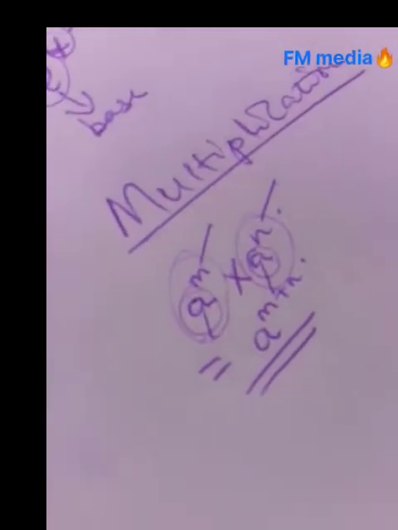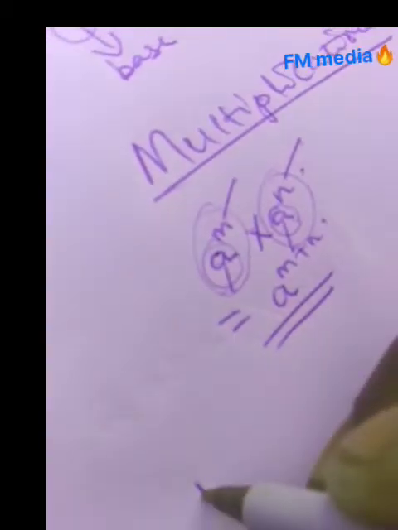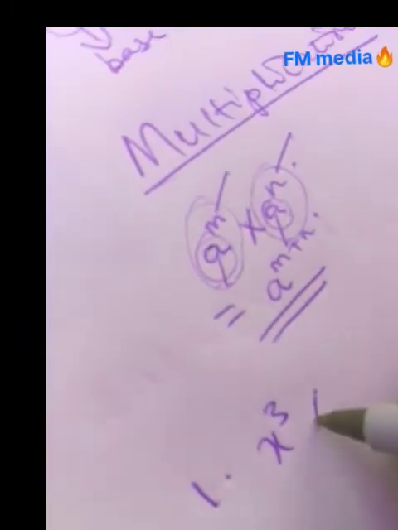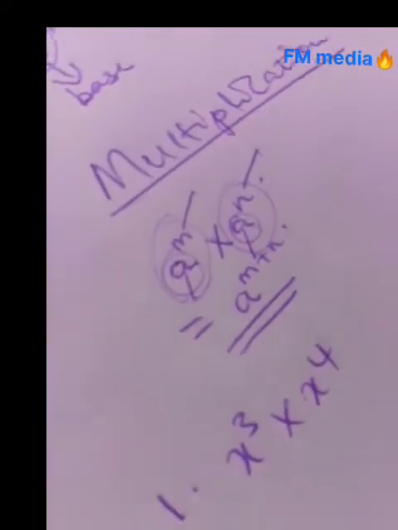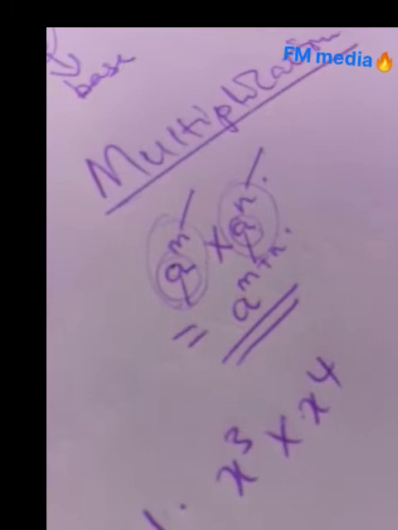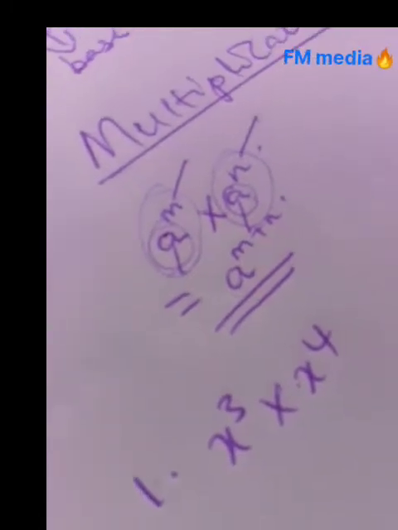Let us take a look at the first question for the multiplication rule. Our question says x to the power 3 times x to the power 4. Like I said earlier, our rule is that we have to maintain the base if our bases are similar and add the powers.